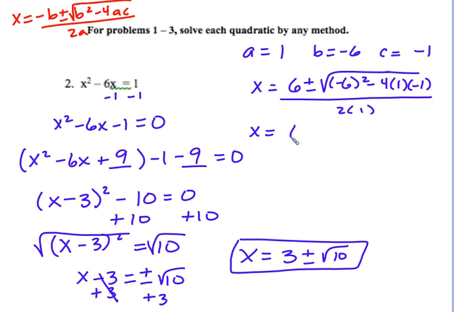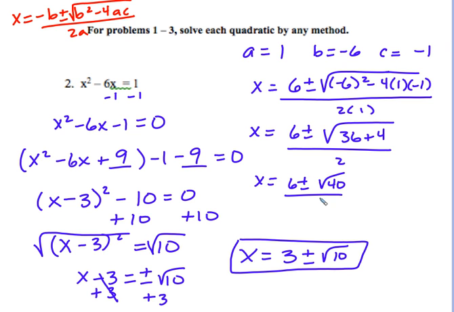So back to our problem here. You would get x equals 6 plus or minus the square root of 36 plus 4. Because a negative times a negative, that makes it a plus. So you get 6 plus or minus the square root of 40 over 2. Now that doesn't look much like this. It's because they broke down the 40. Remember those factor trees? They took 40 and they broke it down.